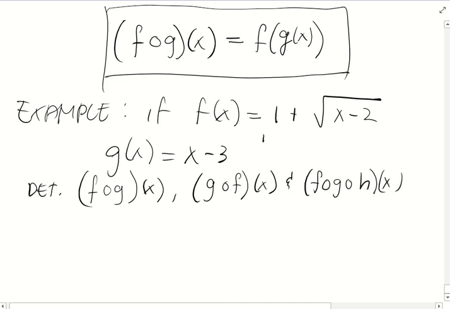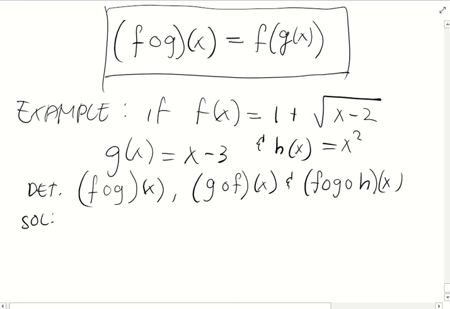So let's have another function here, h, and let h of x be equal to x squared. So we want to determine the following.